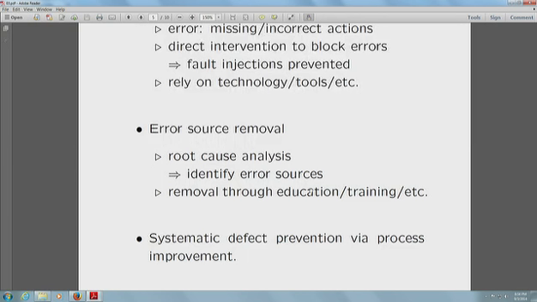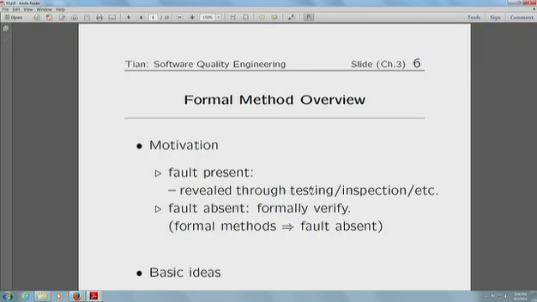It's probably going to be harder to do in your project because your project will involve testing, and most of the things are probably already designed and committed. So defect prevention is probably a little too late, but at least in the long term, you can think of some of this defect prevention process improvement.